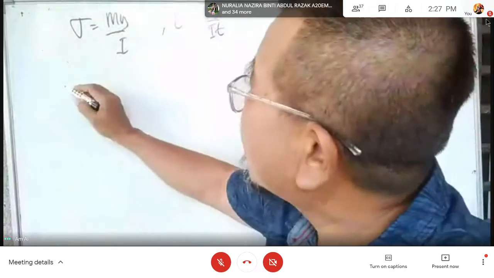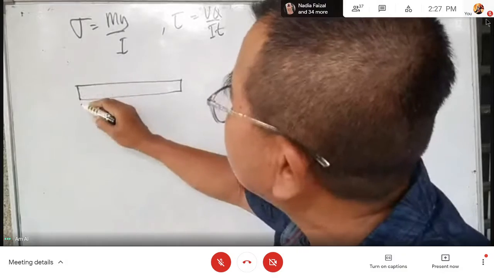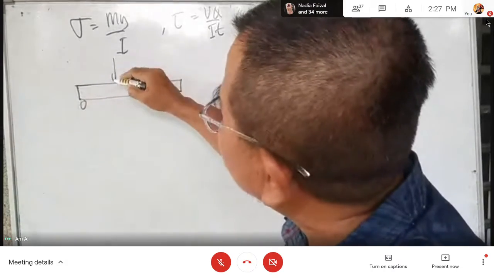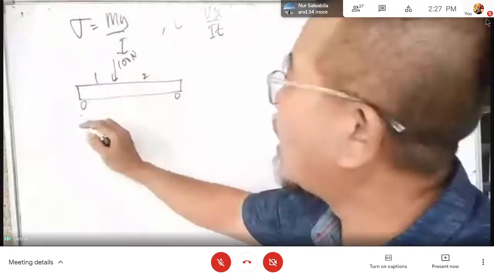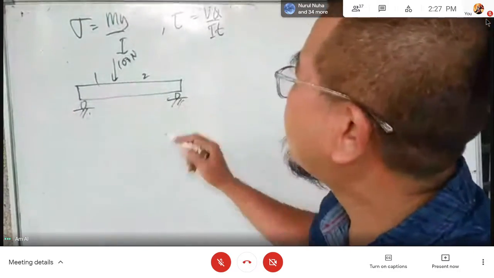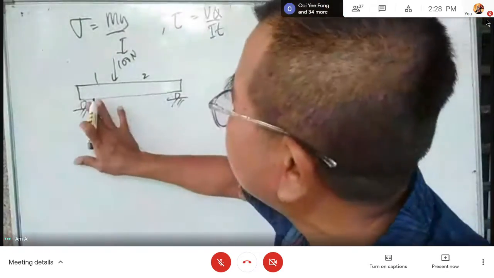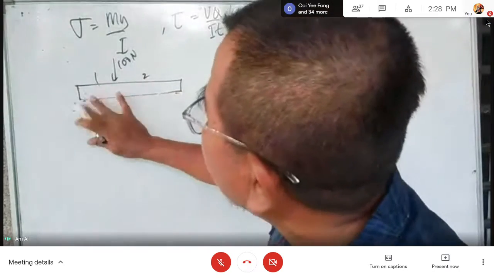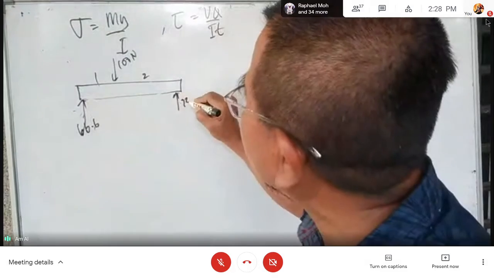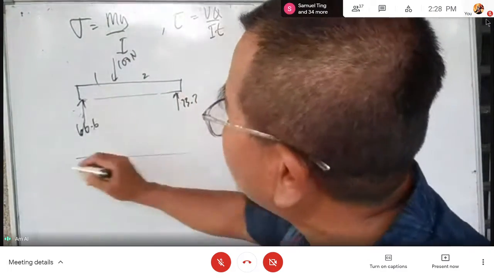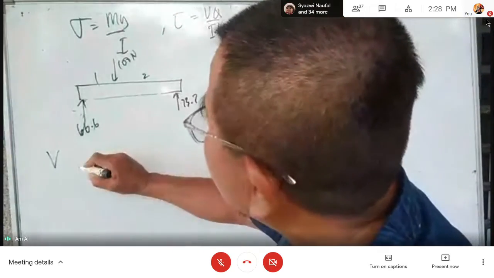Okay? Look at this. See that? 100 Newton there. It's 1 meter, 2 meter there. So if you draw the graph, draw the statics there, this must be 66.6. This must be 33.3. So you draw the V graph there. What do we have there? Remember now?